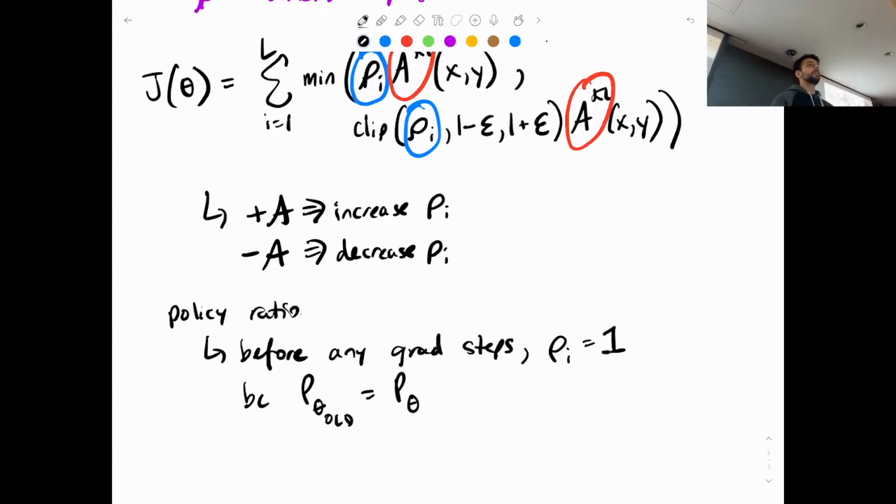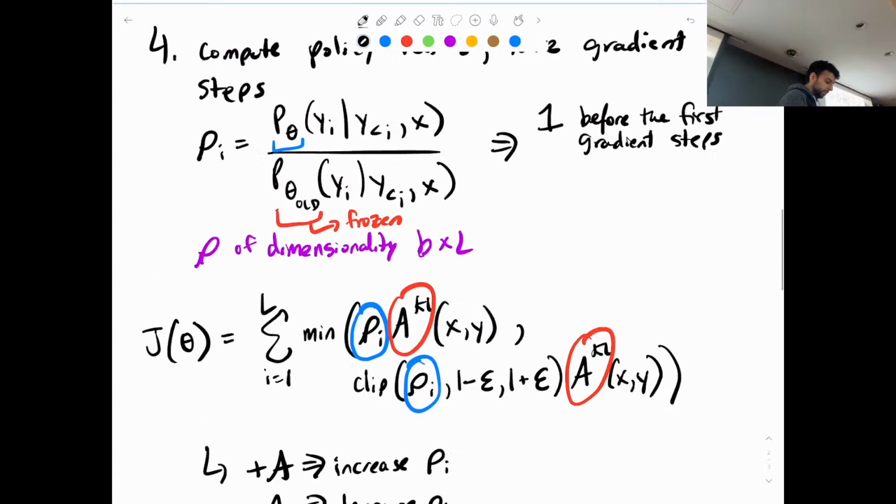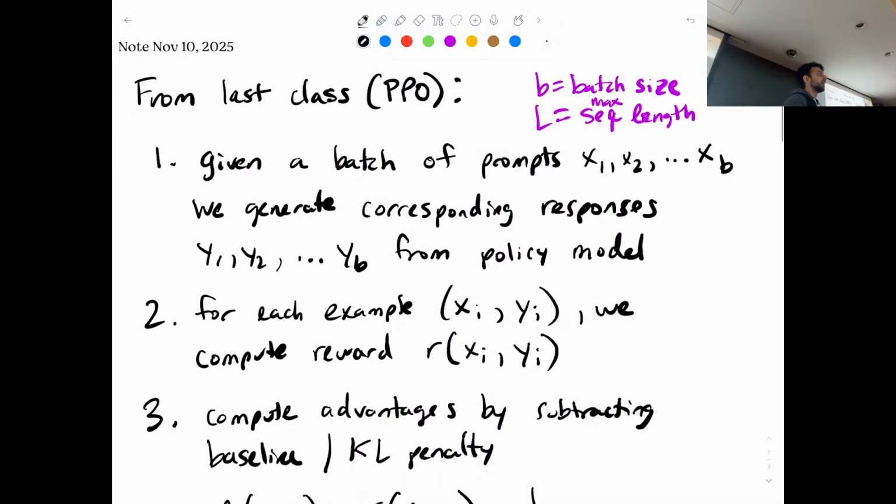So essentially for every batch, right, if we go back up to our step 1, we get a bunch of prompts and we use our current model to generate responses to those prompts, right? So when we're doing this in our implementation, the model that we use to generate these responses is set to theta old.